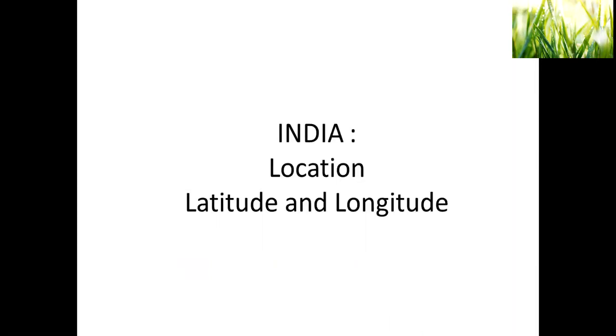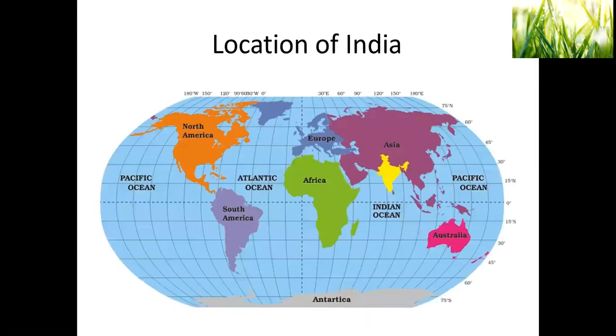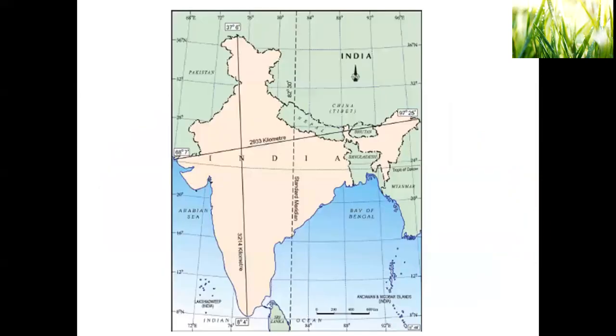When we see the location and the longitudinal extent, the country colored in yellow is India. We see the longitudinal extent. Longitude means the vertical line.